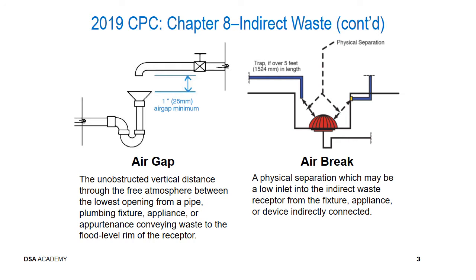So it's important to understand the difference between an air gap and an air break. Even though both of them are an acceptable method for indirect waste, the designers will determine which one of these methods is required to be installed at any given indirect waste line.